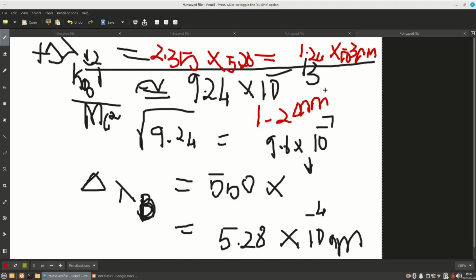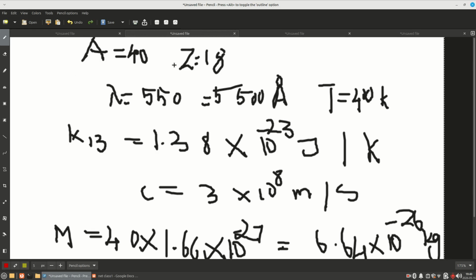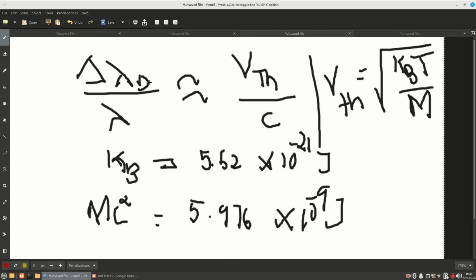This is a pretty interesting question. Let me revise once again. This is the formula here for the Doppler width, which is the standardized value, 2 into root 2 ln 2 times lambda 0. Afterwards, we write the given values here: the atomic number, the wavelength in nanometers, the temperature, etc. We find the value of m here, and we use a condition: the ratio between the Doppler width and the wavelength is approximately equal to the thermal velocity divided by c.